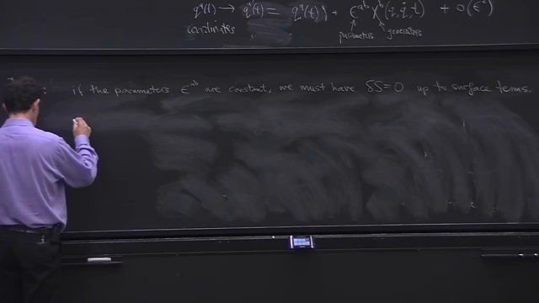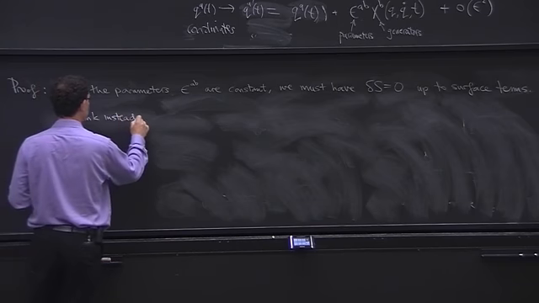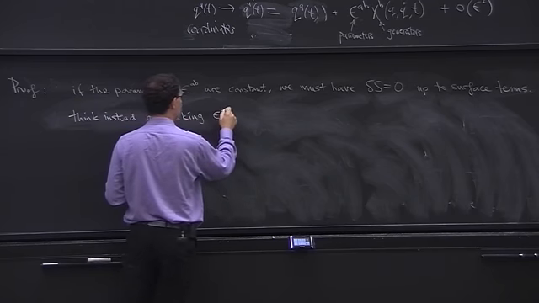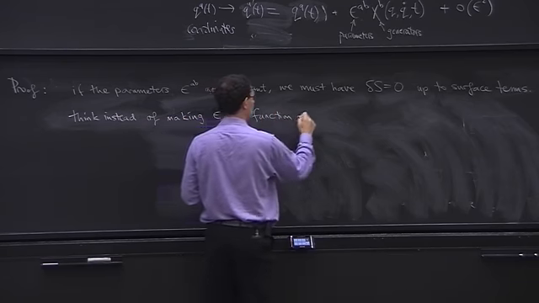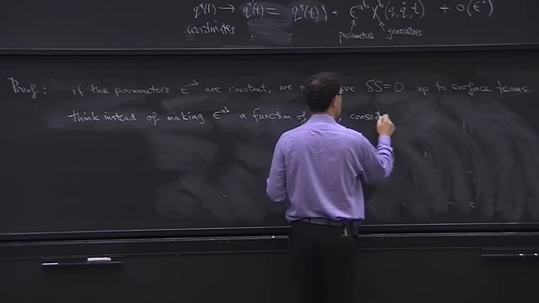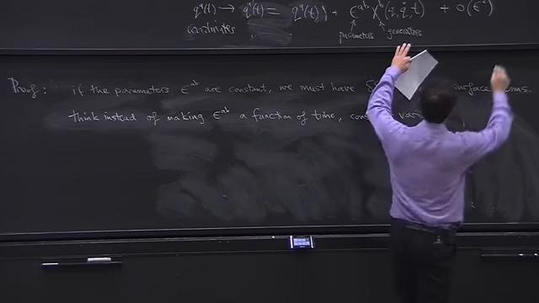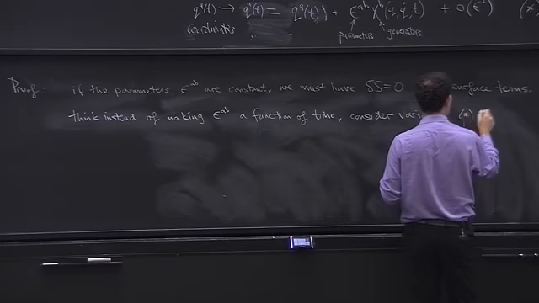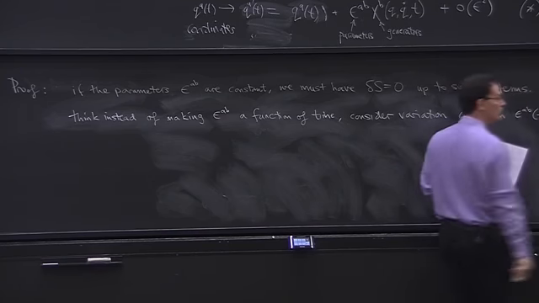Then the key idea, this is the ingenious part of it, is to think instead of making epsilon AB a function of time. And consider this variation, star, with epsilon AB being a function of time.